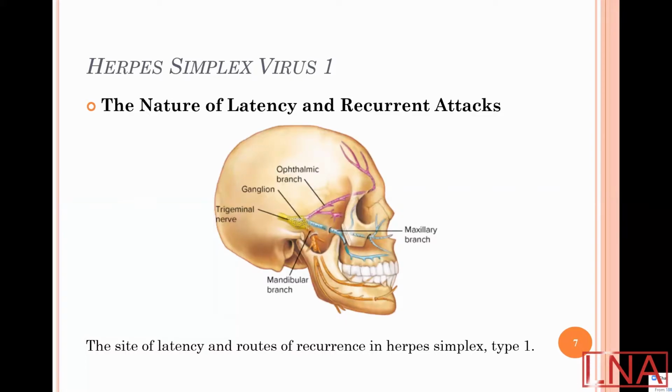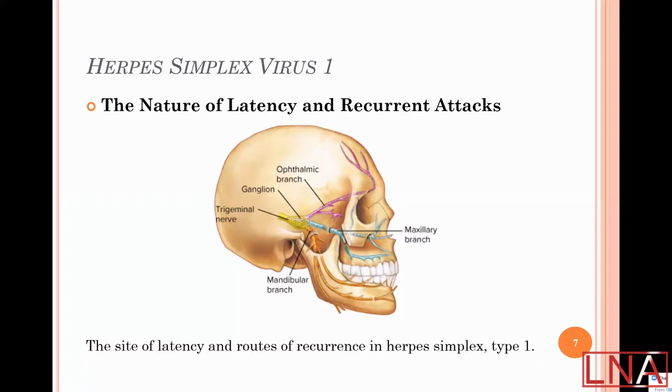So, as I said, during the primary infection, the virus invades the trigeminal nerve, and then can come back after several kinds of stimulation. It can return to the skin surface by these main three ways, the three branches.